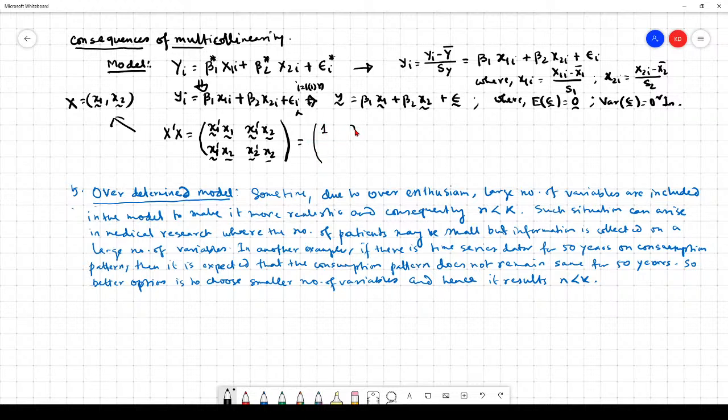This r is the correlation coefficient between capital X1 and X2, and this should be r.